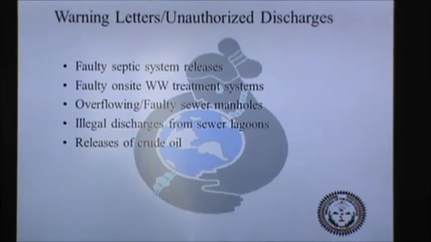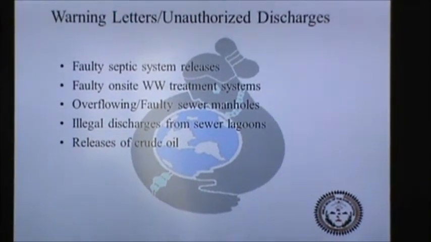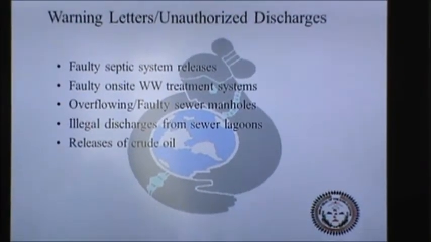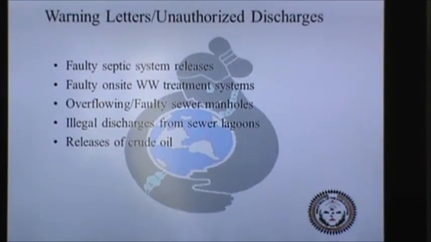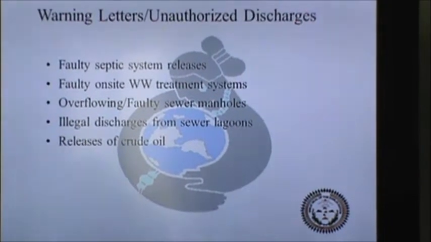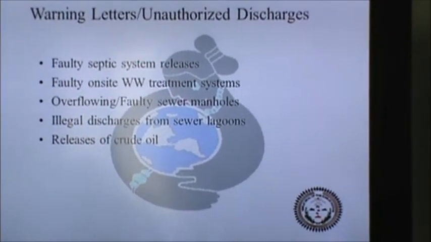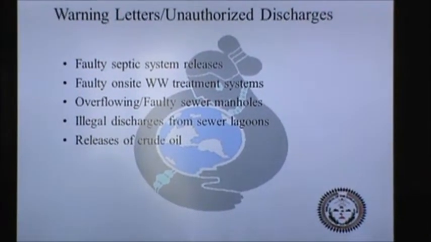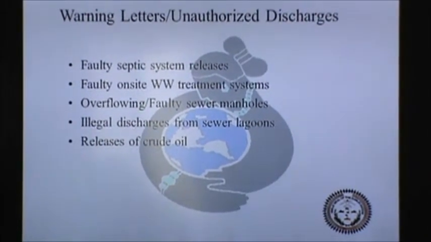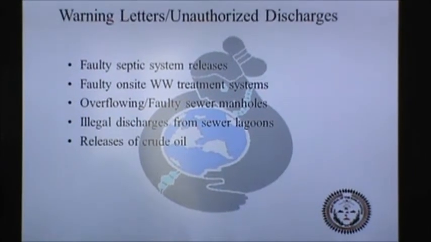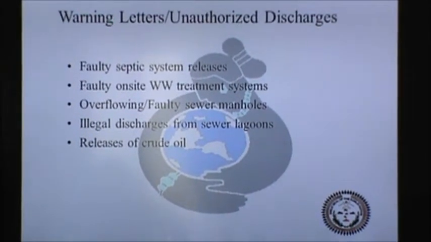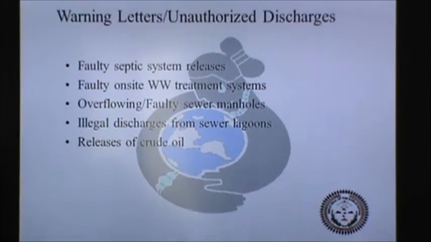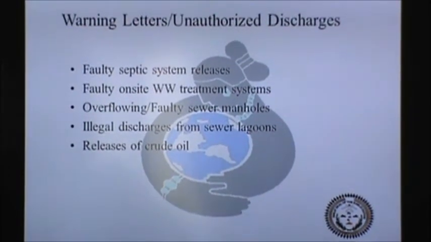So these homes, people just, for some reason, don't take care of the septic systems and it ends up overflowing out of the septic tank, off of the leach field. There's problems with the sewer treatment at a school or a business, or you've got sewer lagoons that overflow, or sewer manholes that have problems. Again, we also respond to releases of crude oil, whether it's at the well or a broken pipeline.